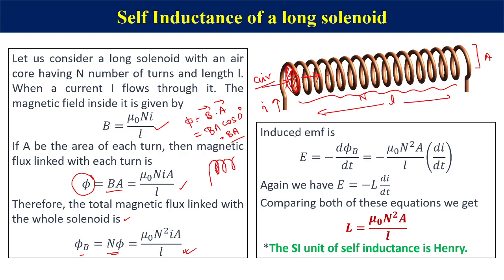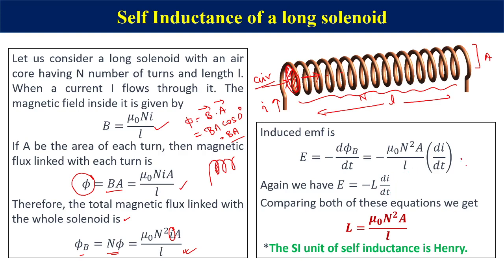Applying Faraday's law, we can easily get E = −dφ_B/dt. Everything is a constant except for I, which keeps on changing with time. So we take everything else outside and take the derivative of I with respect to t. Again, from the definition of self-inductance, the induced EMF is E = −L dI/dt.